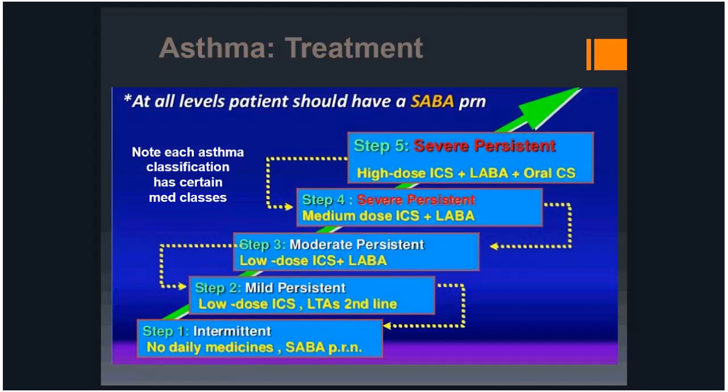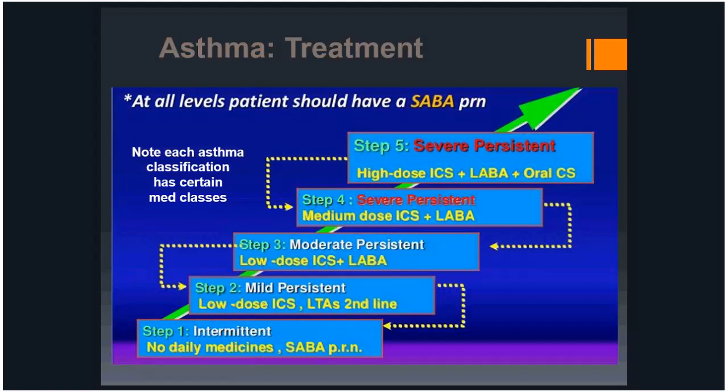And yes, do note, all patients should have the rescue inhaler, but also each asthma classification or each level of severity does have certain med classes. You can see with intermittent, they're not on anything daily, but they do have the rescue inhaler.